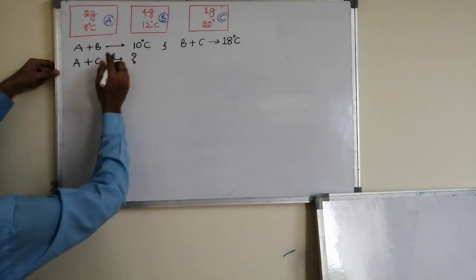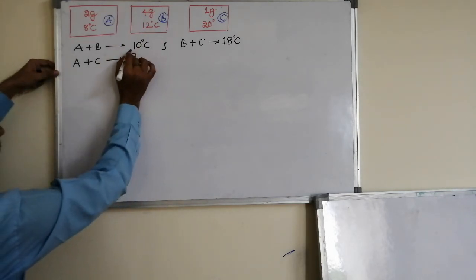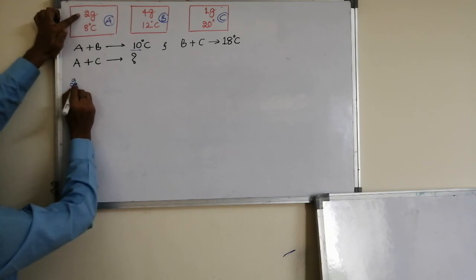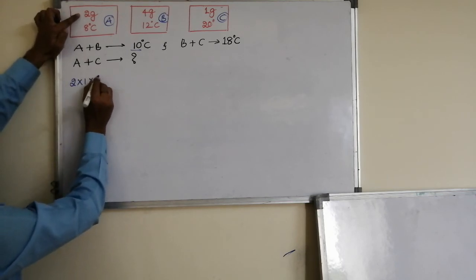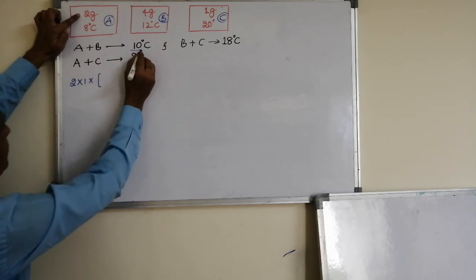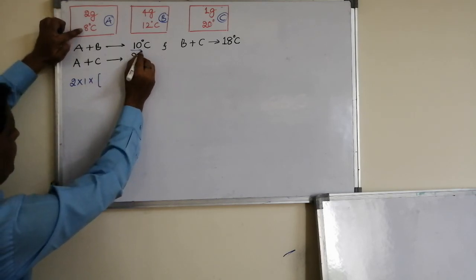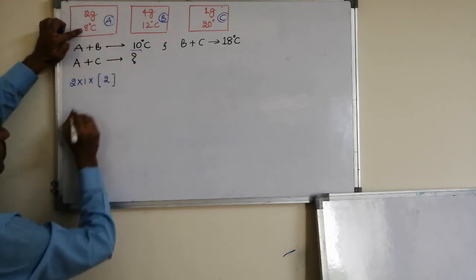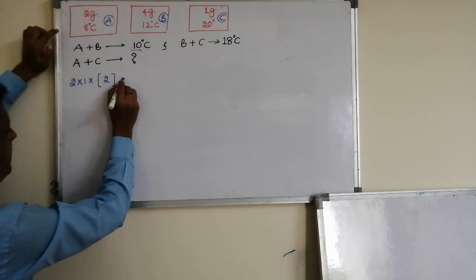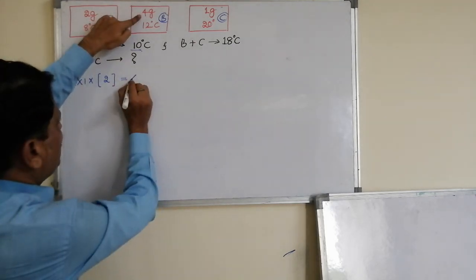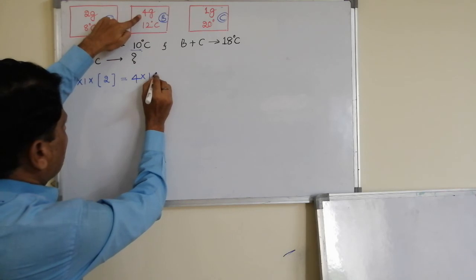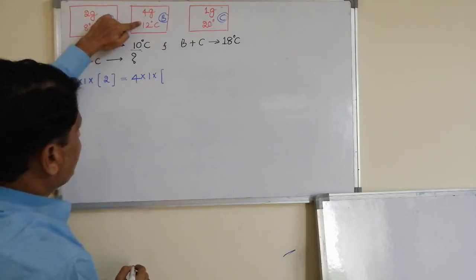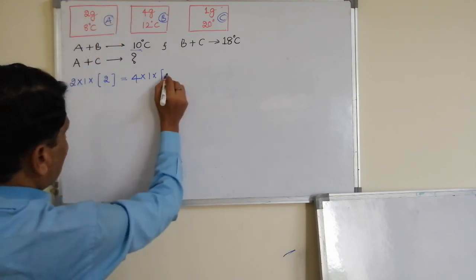The final temperature of the mixture is 10. So it is 2, specific heat of A, into 10 minus 8, which is 2, is equal to 4 times specific heat of B, into delta T. Out of 12 and 10, 12 is greater, so 12 minus 10 is 2.